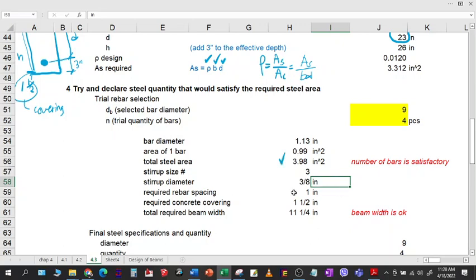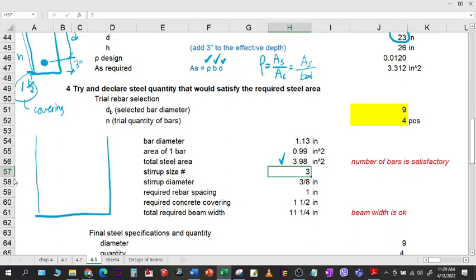The next thing to do is to check the beam width, if the rebars will fit inside your beam section. So if you try to recall, this is how a beam is being laid out. You have here the stirrups, and you have the main bars, 4 pieces.